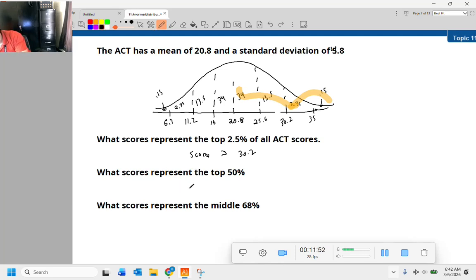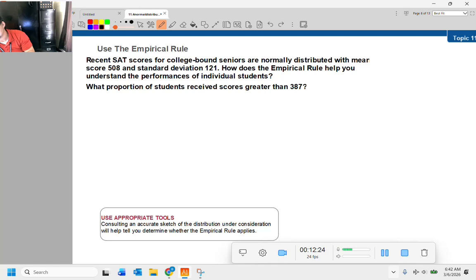And that's going to be bigger than 20.8. The middle 68, remember, that's just 1 standard deviation from the mean, between 16 and 25.6. Scores between 16 and 25.6. Now, of course, we're going to have to memorize this thing, right? Like you can expect a quiz tomorrow over this thing. It's got to be memorized. That's the goal, memorize this thing.